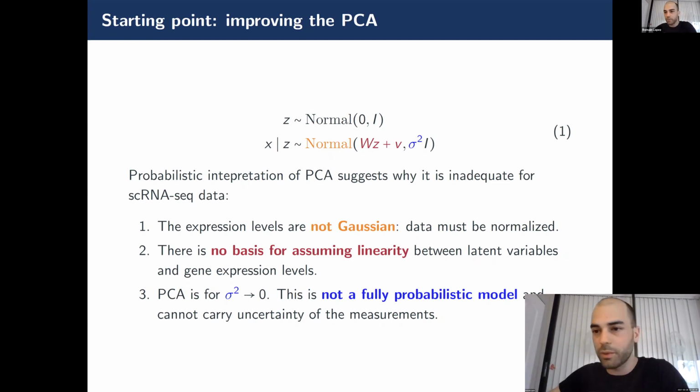Then the last thing is that what you get from PCA is equivalent to solving PPCA when sigma goes to 0. And we lose the fact that we were working in the first place with a probabilistic model. This is fine for many applications, but for some of them it's really important to get uncertainty over the measurements, especially for differential expression. And this will come into play later.